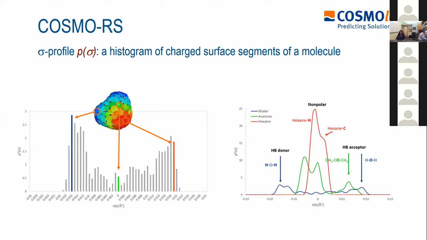This is sometimes leading to confusion, but the main charge on the oxygen of the acetone in the COSMO model is positive. It's something which one should remember. And for water, which is the blue line here, we have a donor peak here in the negative region, and we have a hydrogen bond acceptor peak here in the positive region. And this already gives kind of qualitative pictures of how molecules behave in solution.